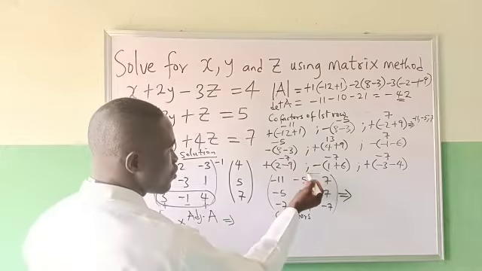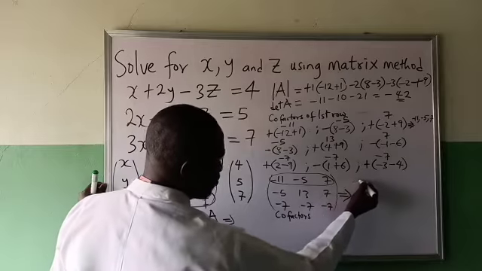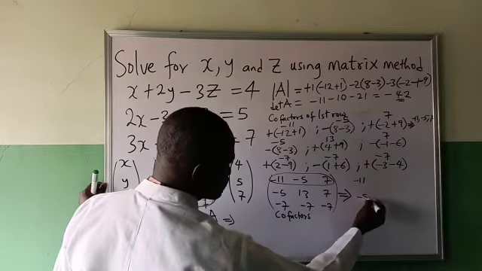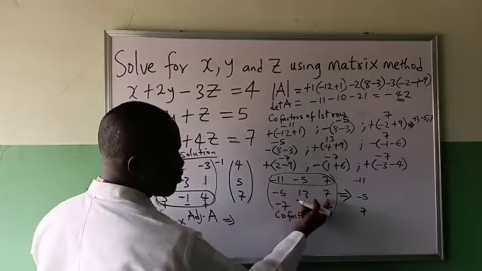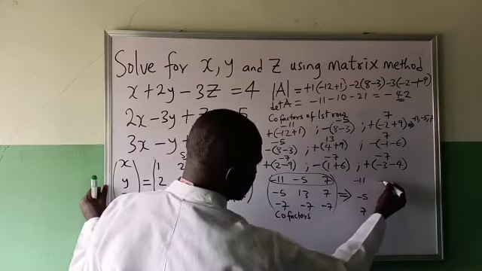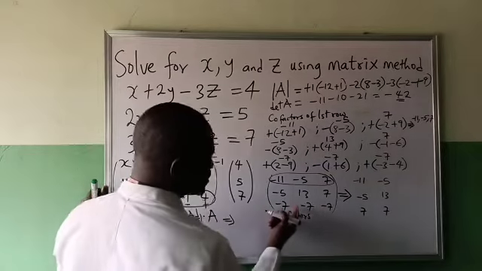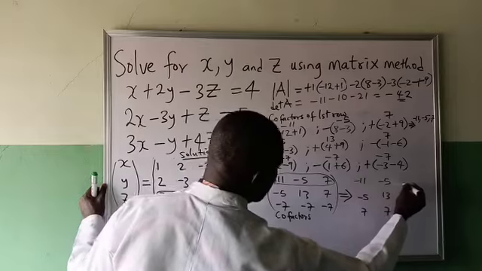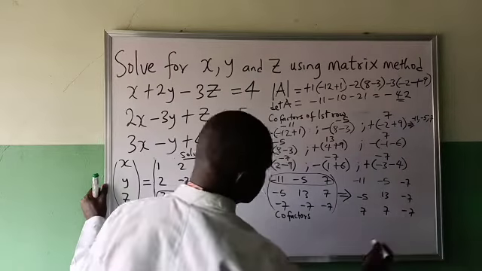Now this is the first row. I will call it the column. It will turn to minus 11, minus 5, and 7. Then this is the second row. It will turn to minus 5, 13, and 7. And this is the third row. It will turn to minus 7, minus 7, minus 7.